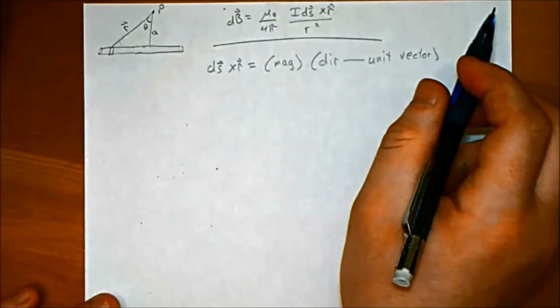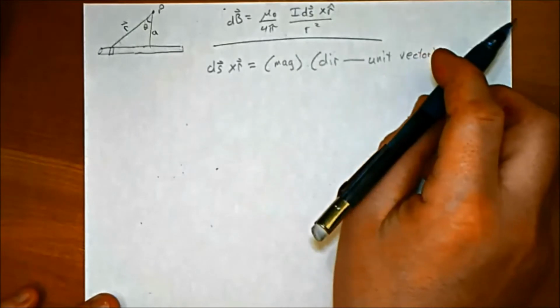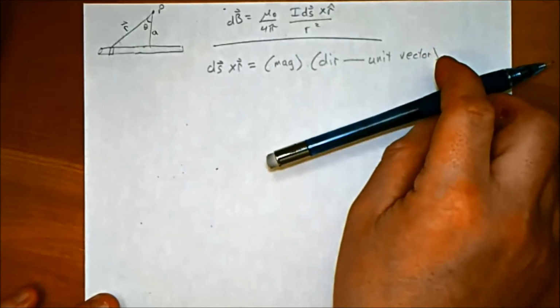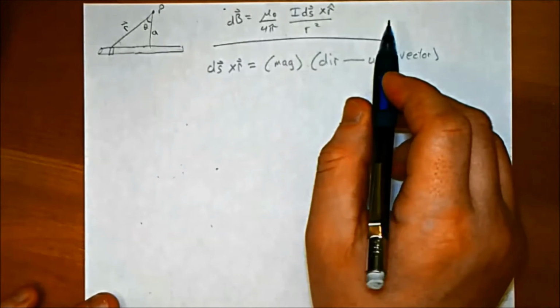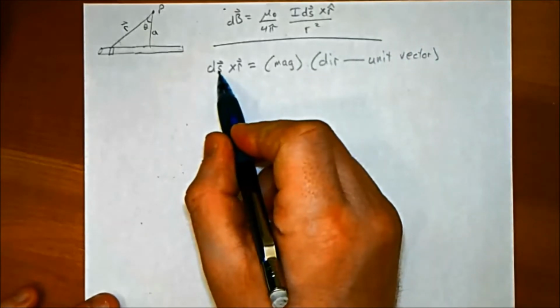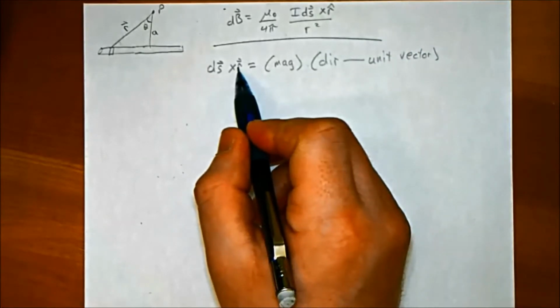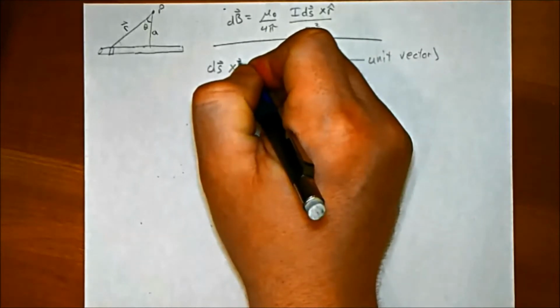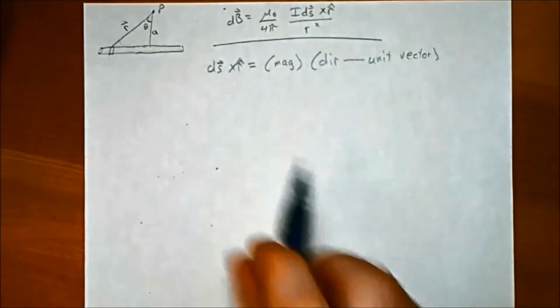So we need these two pieces of the puzzle. Well, probably the quickest thing is to first talk about the actual direction. So we need the vector ds, and we need the, oh, I'm sorry, this should be r hat, not r. That's a mistake I made.